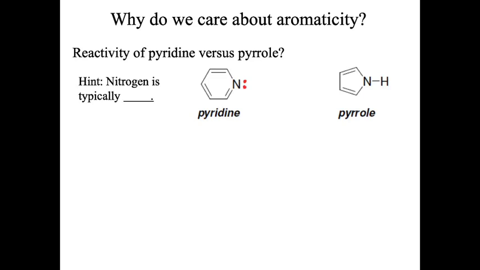Can that lone pair do resonance? And this is a challenging question. Couldn't we just say do something like this? And if we look at the arrows, why not? Nitrogen would have to become positive.